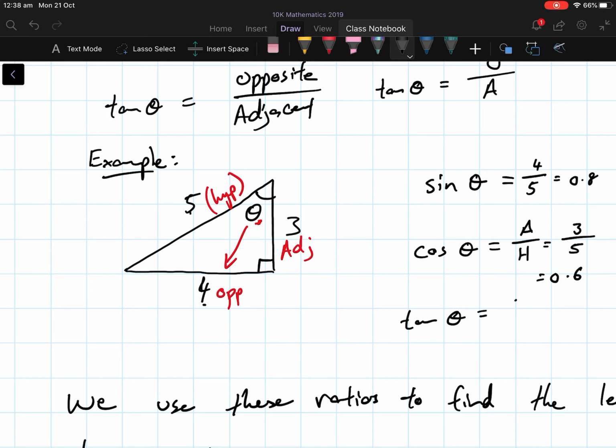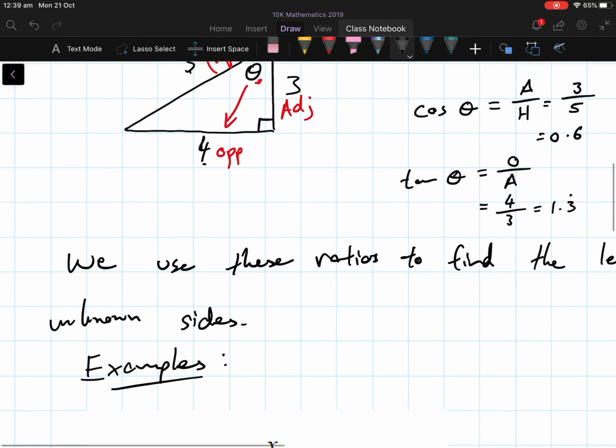And then tan is opposite over adjacent, which is equal to 4 over 3. Opposite side is 4, adjacent side is 3. So that's equal to 1.3 repeating if we want it as a decimal.